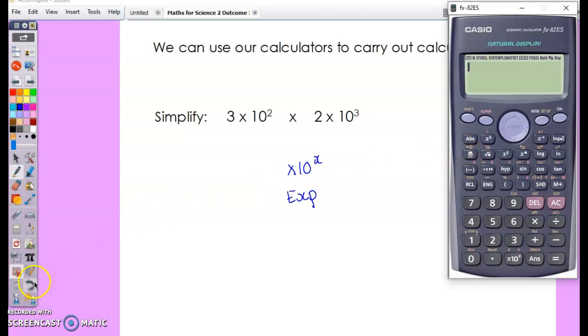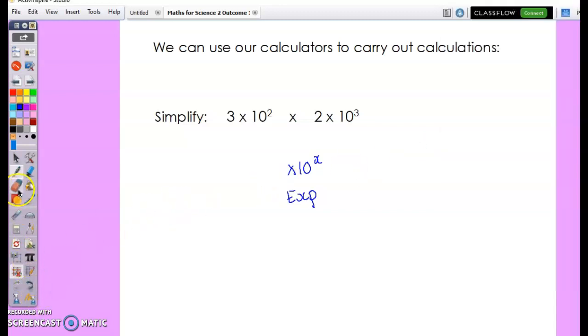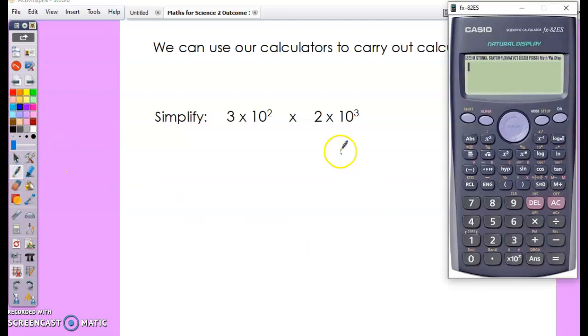Now, watch the way I'm typing this in. Let's clear these bits so we're ready to answer the question. When I'm putting in my 3 times 10 to the power of 2, I don't hit times 10. I use that button to do that whole thing for me. I've hit equals, and because it's a nice short number, it writes it out in full: 300.